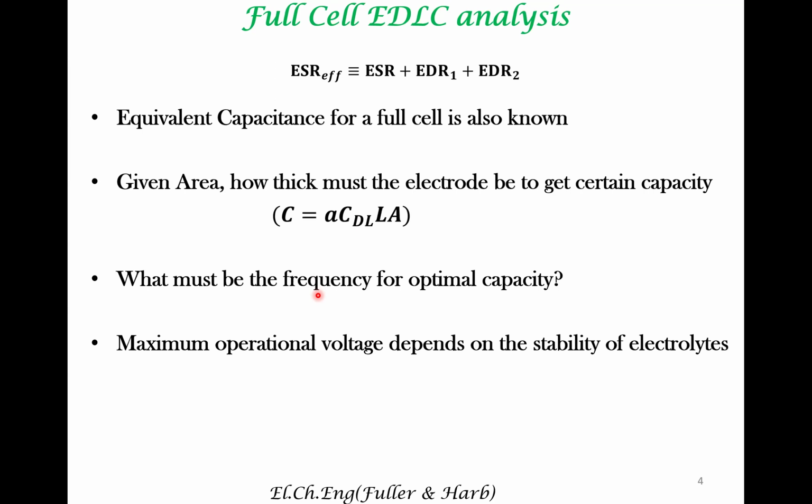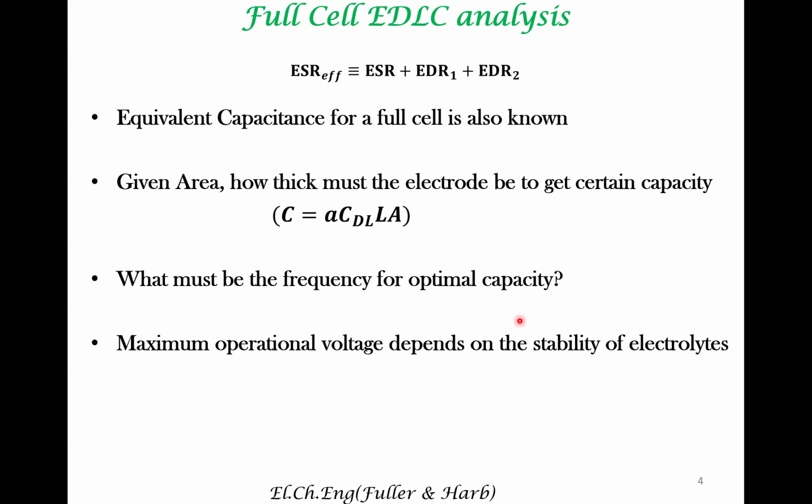Typically, the maximum operational voltage depends upon the stability of the electrolytes, because in the porous electrode, for the current to be transmitted within the porous electrode, there is a potential drop.